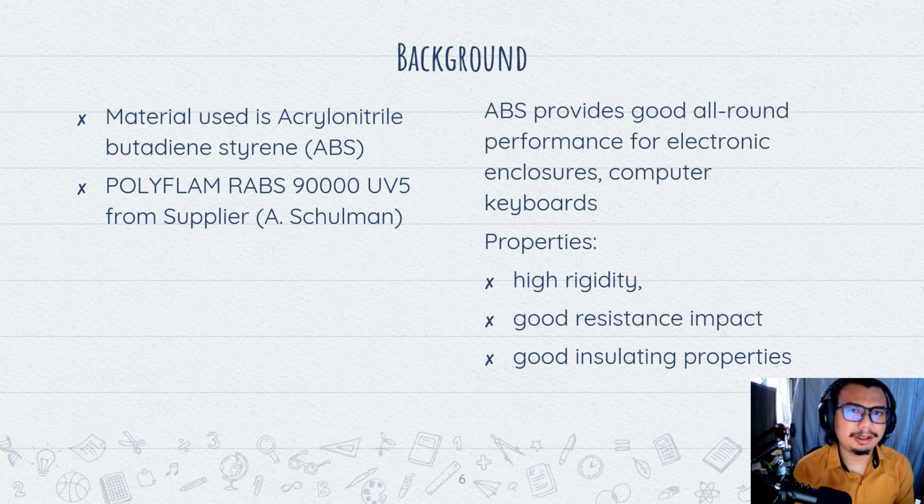Why do we use ABS? Because ABS provides good all-around performance for electronic enclosures, usually for computer keyboards. The properties of ABS are high rigidity, good impact resistance, and good insulating properties.